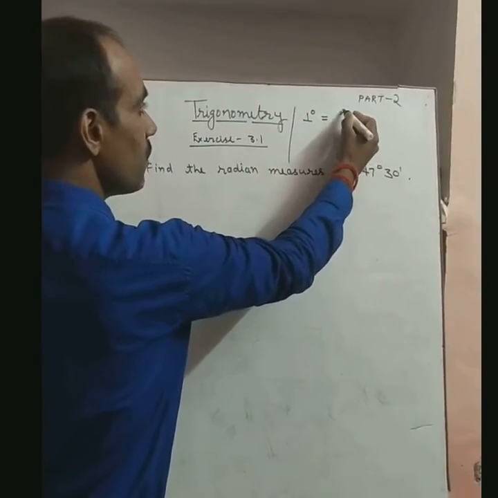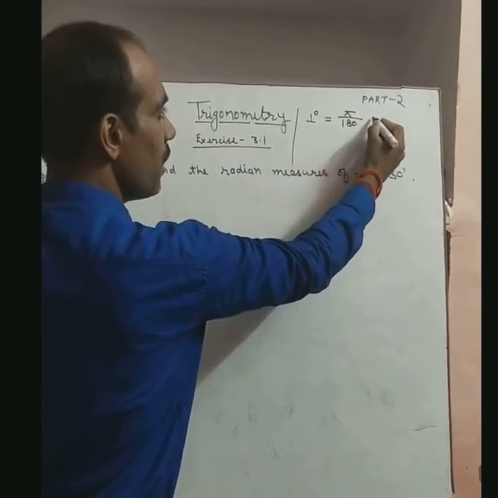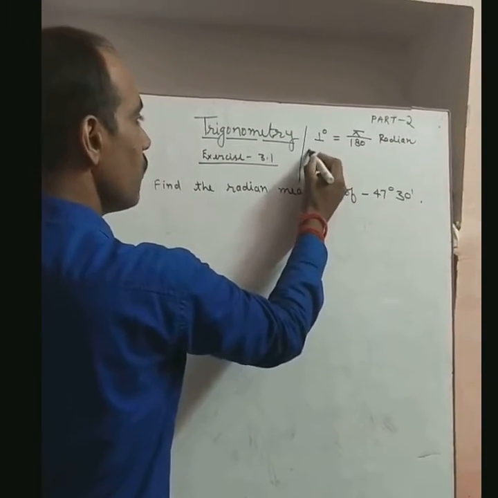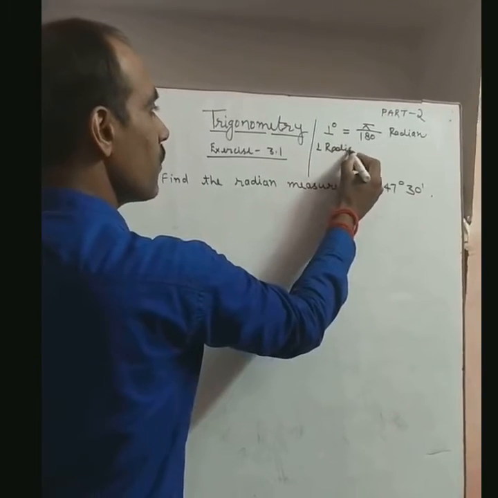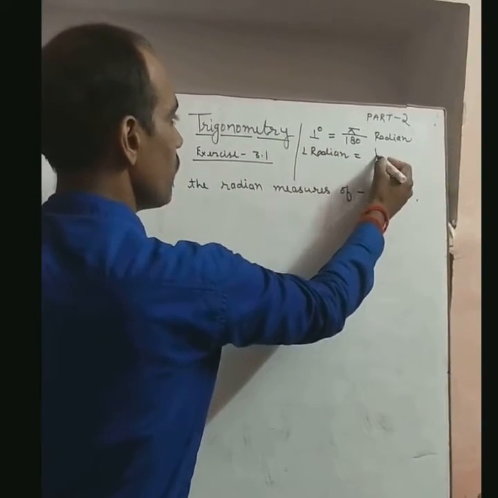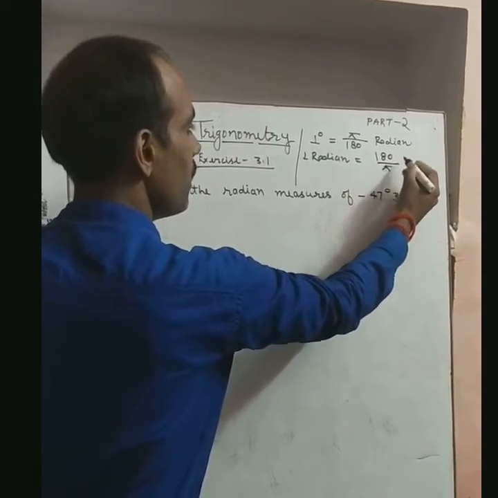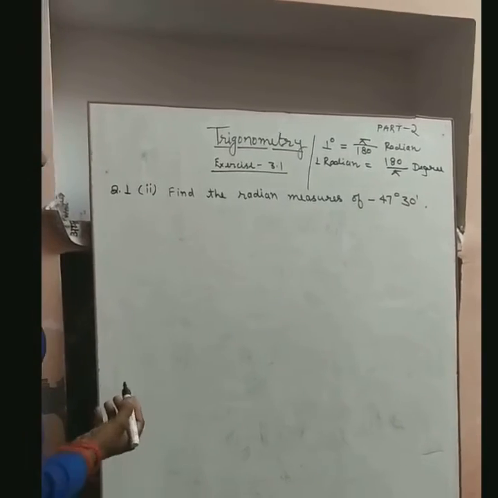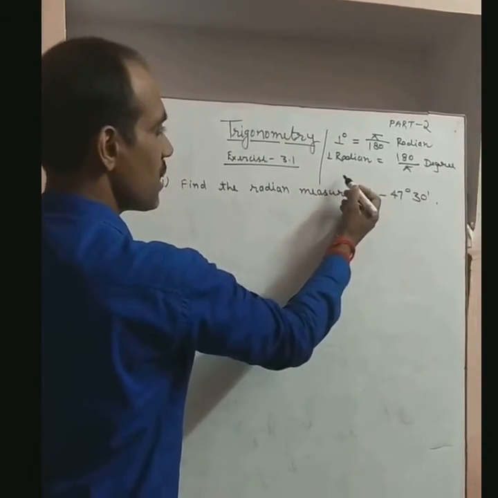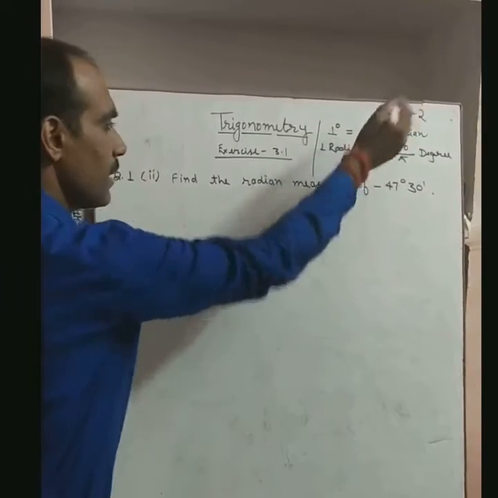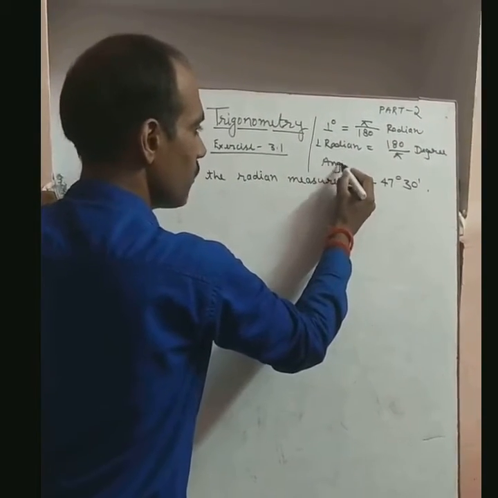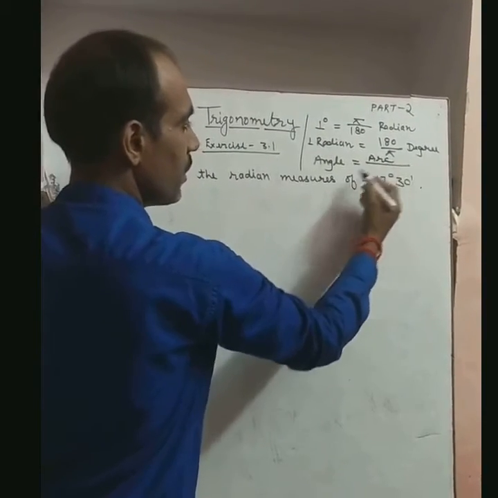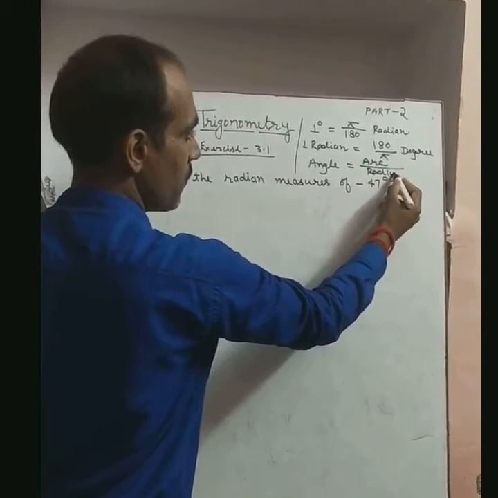1 degree is equal to pi upon 180 radian, and 1 radian is equal to 180 upon pi degree. And the third formula which is used in this exercise: angle equal to length of arc upon radius.